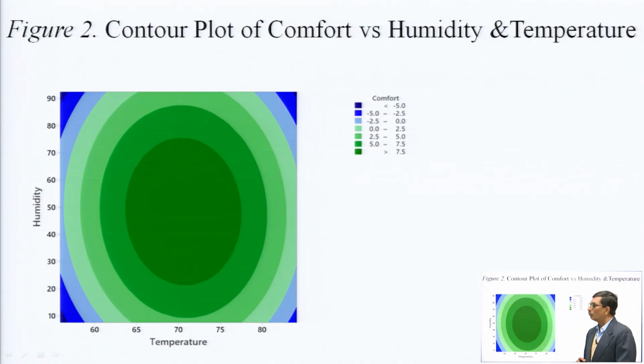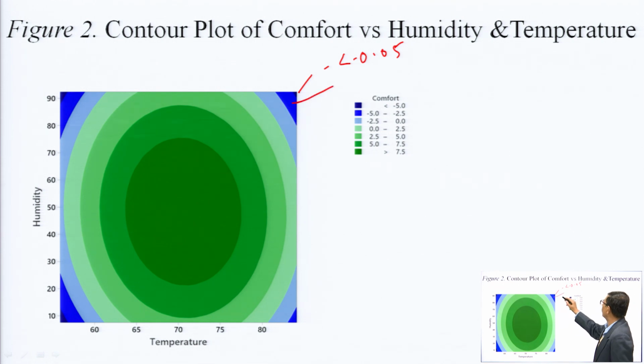So, this is the contour plot of comfort versus humidity and temperature. The dark blue color means the comfort is less than minus 5.0, that is very poor comfort.